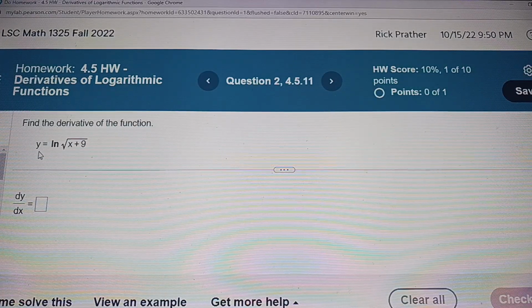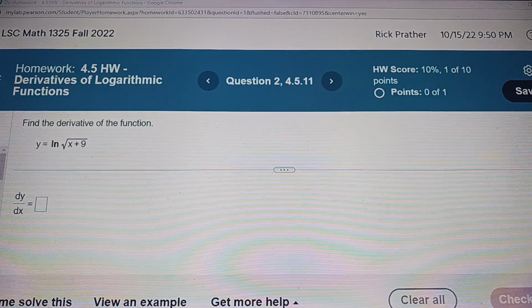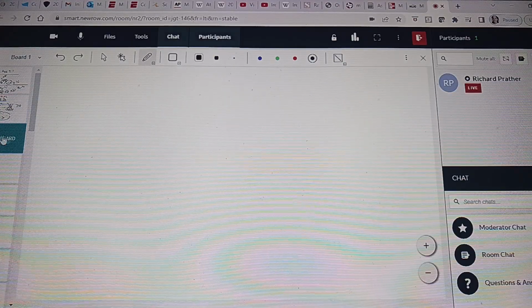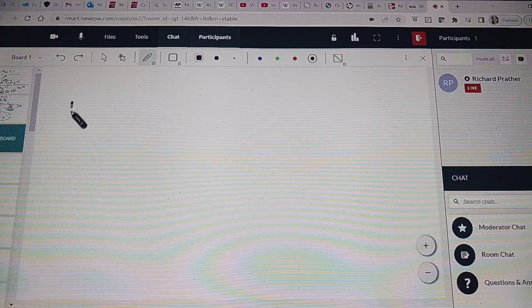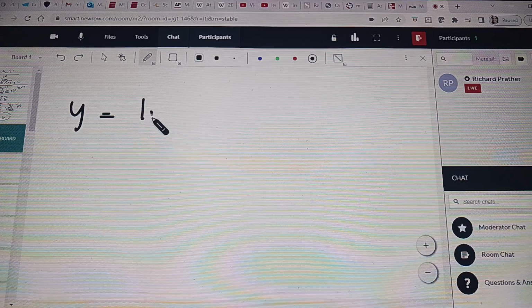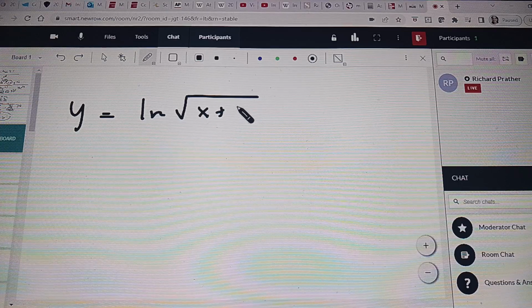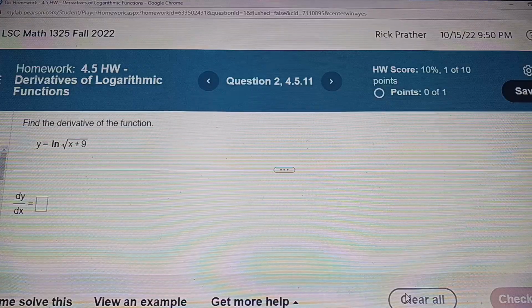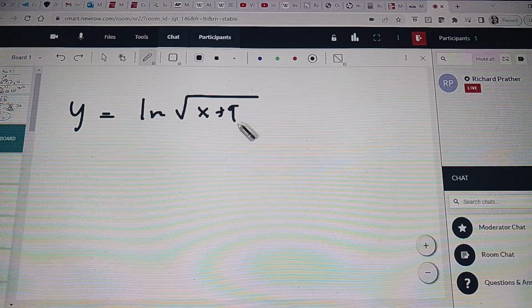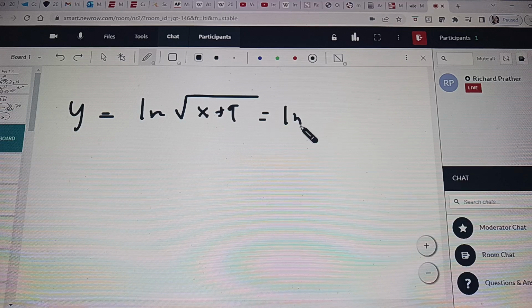Number 2, y equals ln of the square root of x plus 9. Or you could rewrite that as ln of x plus 9 to the 1/2 power.